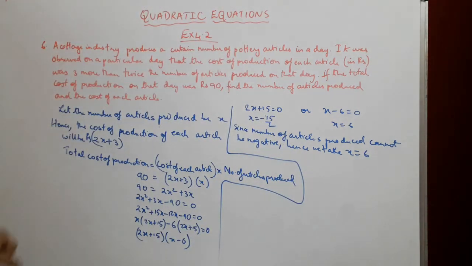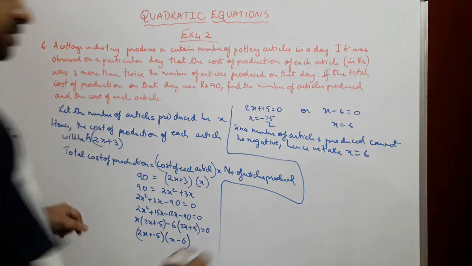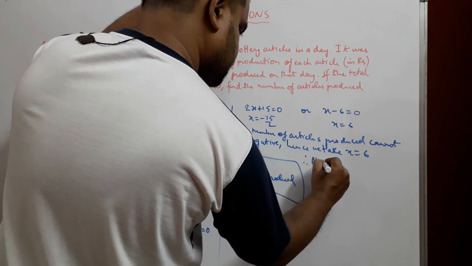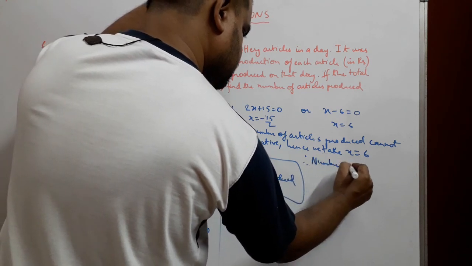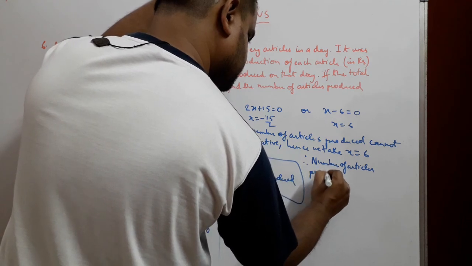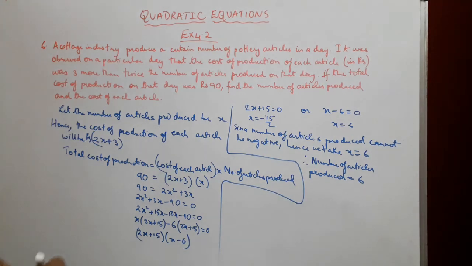Okay, so if we got x equal to 6, that means we have got the number of articles produced. So you can say, therefore number of articles produced equal to 6. Okay, number of articles.